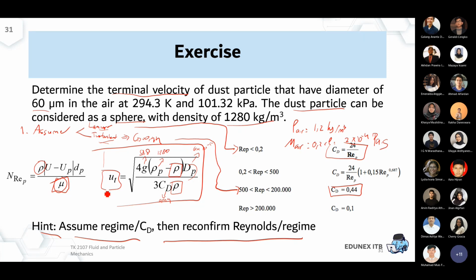Then the UT acts as the slip velocity in the final Reynolds calculation. If you can confirm that your Reynolds number is consistent with your initial assumption, that means if you use CD as 0.44 and you get Reynolds between 500 and 200,000, then that's correct, and only one step is required for your calculation.